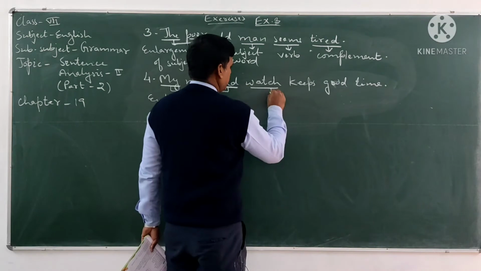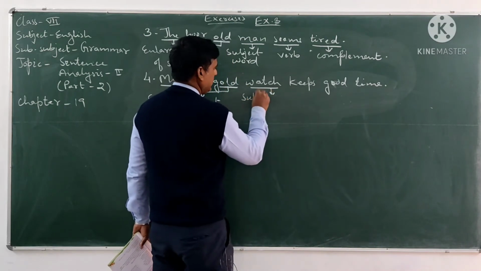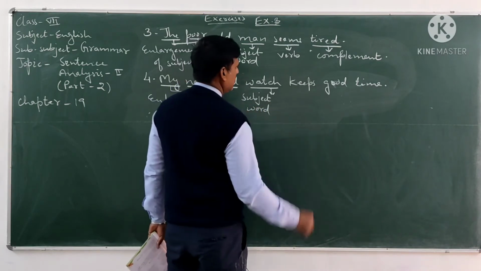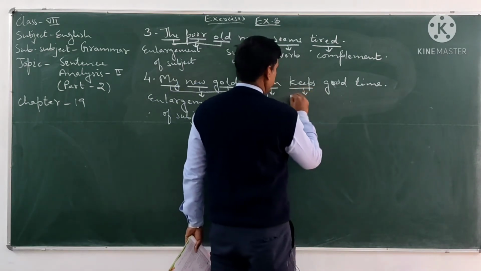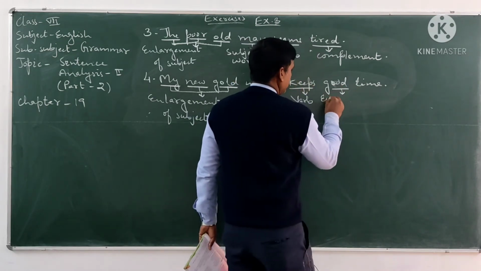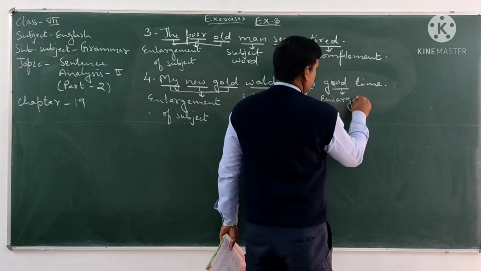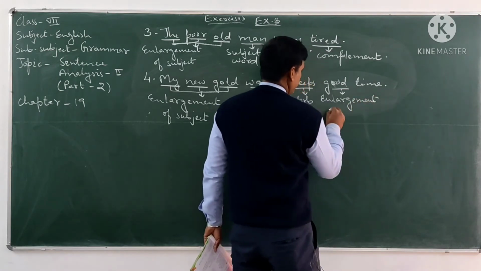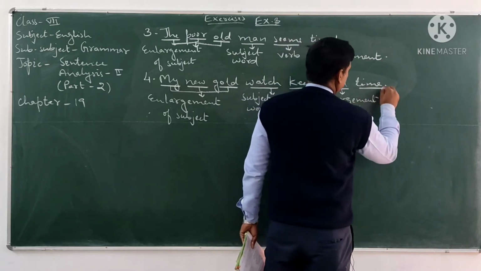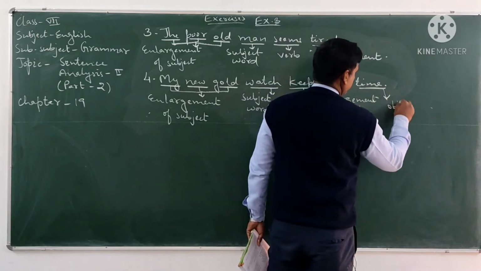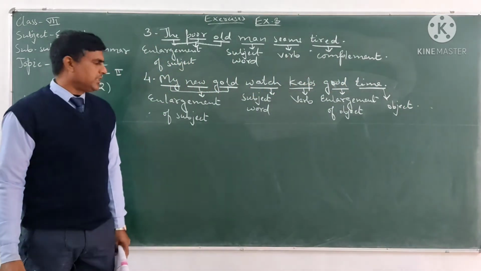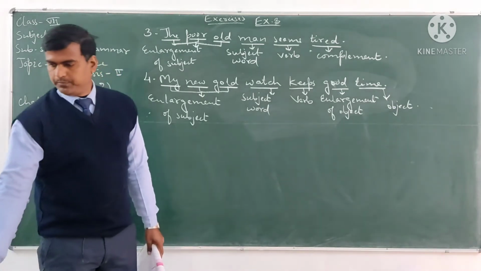Watch is the subject word. Keeps is the verb. Good is the enlargement of object, and time is the object. So this is the sentence analysis of sentence number 4.